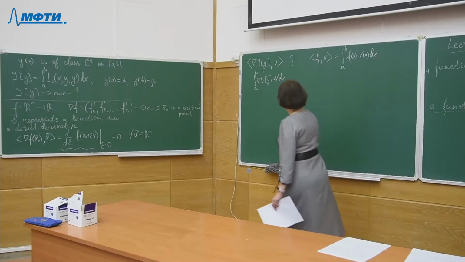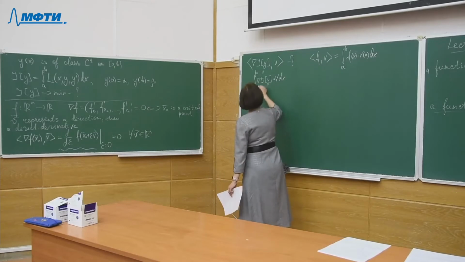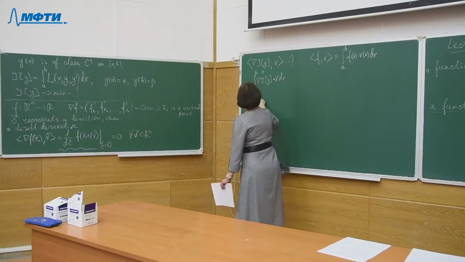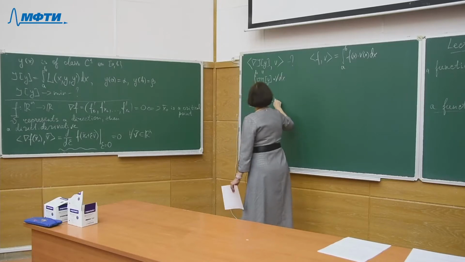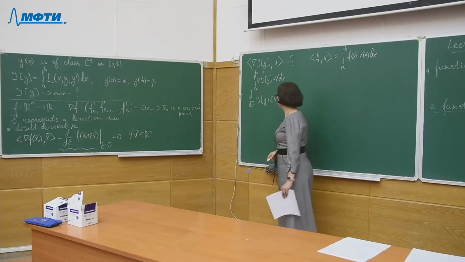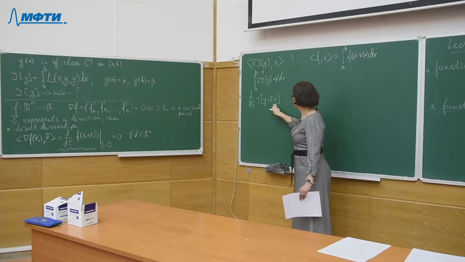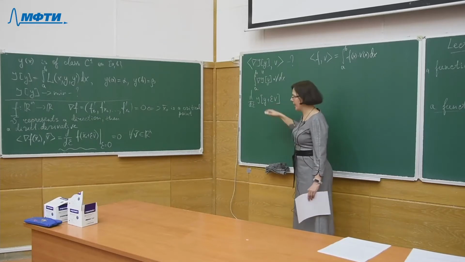Let's try to find the derivative d over d epsilon of g of y plus epsilon v. So we multiply our function by epsilon.